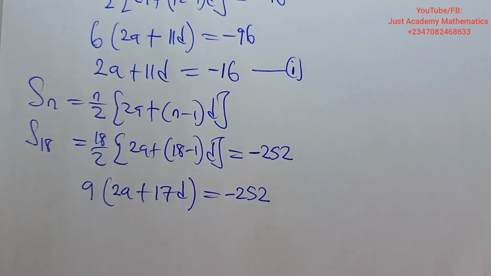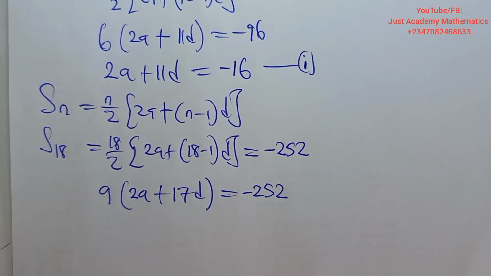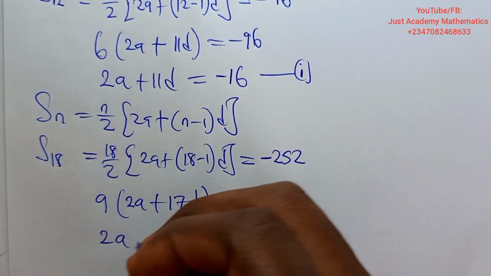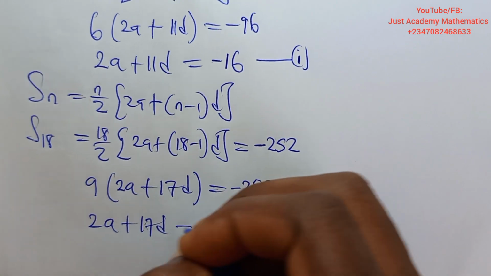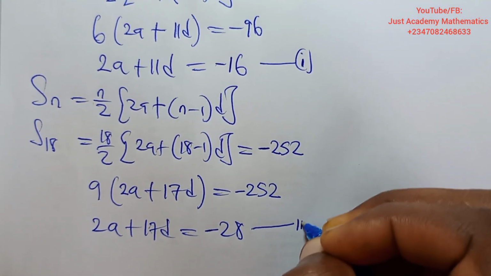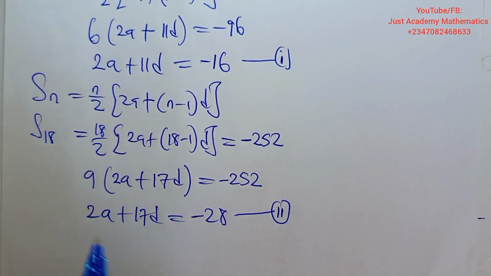So this gives me 9 times (2a plus 17d) equals minus 252. We do the same thing by dividing both sides by 9. It will go 28 times. So I have 2a plus 17d equals minus 28. We call this equation 2. Remember, we are looking for the first term a and d.